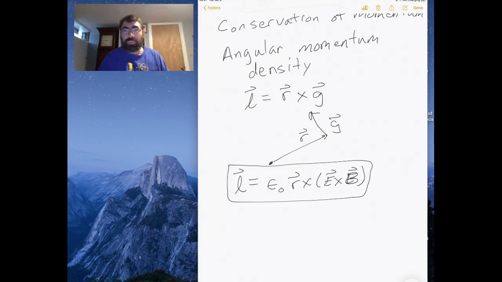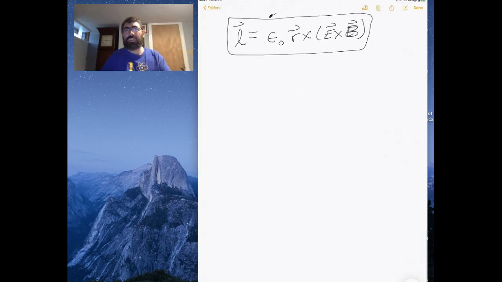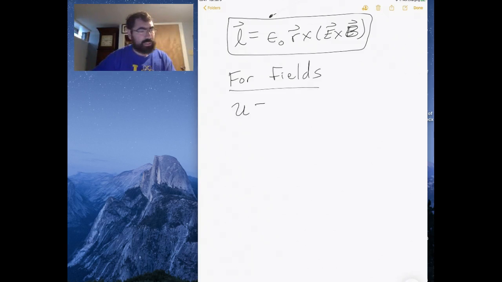So that's pretty cool. Now we can have electromagnetic fields that are not only related to the motion of whatever is going on, but also the angular motion of whatever is going on. So to review, these are the quantities that are related with the fields themselves. The energy density is 1/2 epsilon naught E squared plus B squared over mu naught.